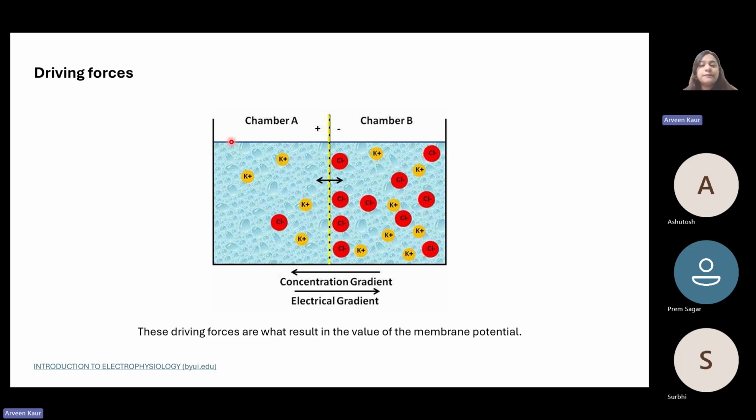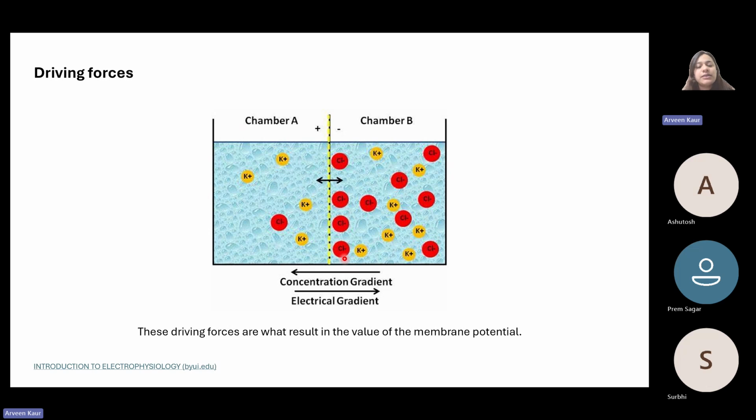But when we talk about the electrical gradient, because inside is more negative, the negative charge will probably try to flow outward, right? And because the outside is more positive, the positive charge will try to flow inward, right? So how will this inner membrane become positive?